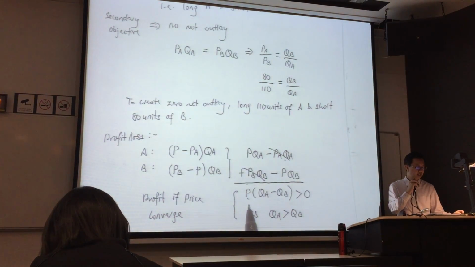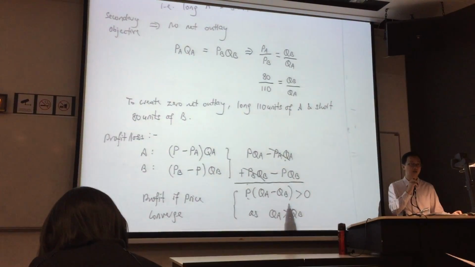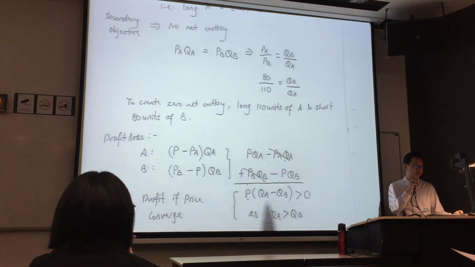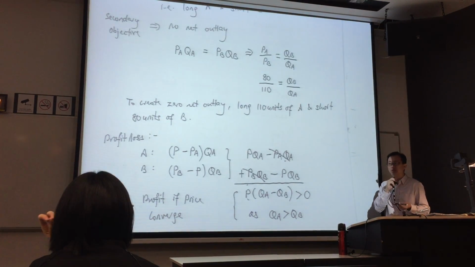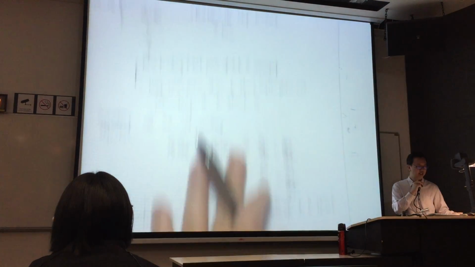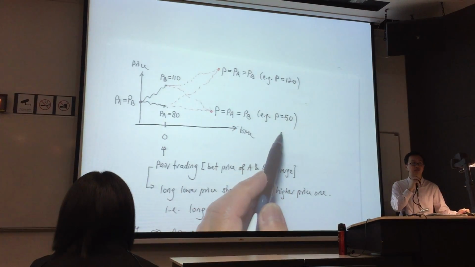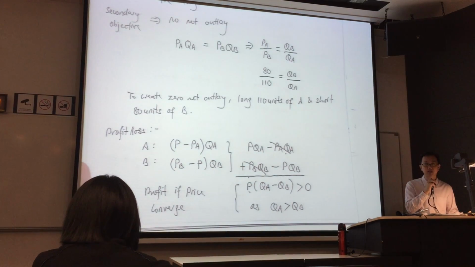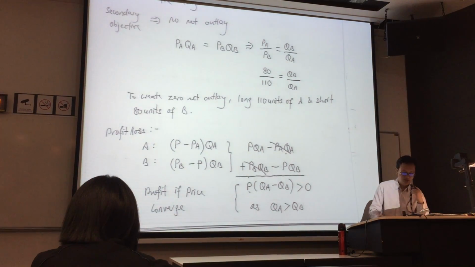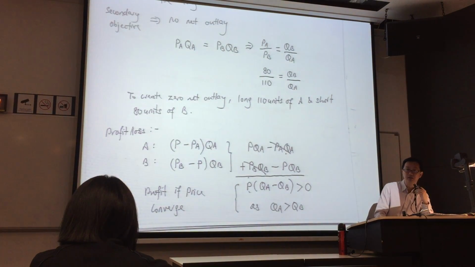The profit calculation is shown as P multiplied by QA minus QB. Because QA is greater than QB, the number in the bracket will be positive, multiplied by whatever price will be a profit to you. Then you give maybe two examples, like what happens if P is 120, or P is 50. You can do the computation of profit, and it will be positive at all times. So that will answer the 2013 paper. Any questions?